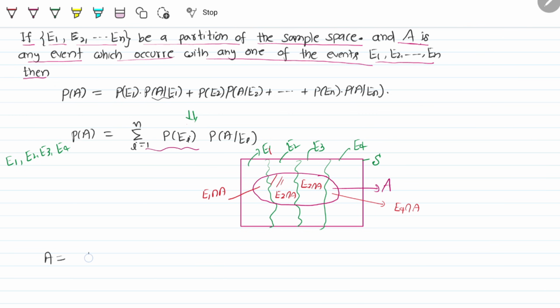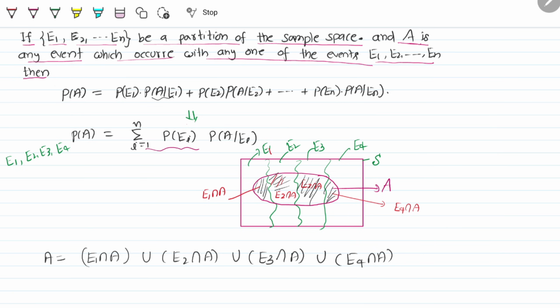Capital A is the same as E1 intersection A union E2 intersection A union E3 intersection A union E4 intersection A. Correct now? Capital A is this region plus this region plus this region plus this region. If you take this union, you will get your A.